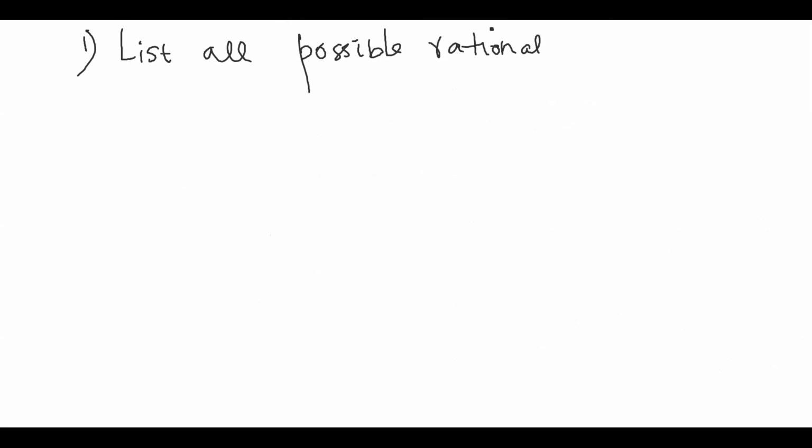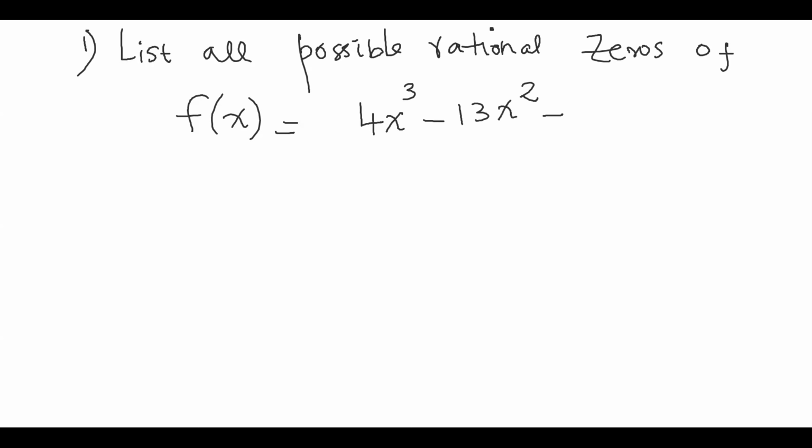So let's solve problem number 1 from our handout. List all possible rational zeros of the polynomial f of x equals. So this is the polynomial we are given.